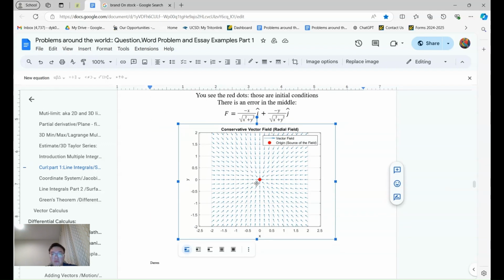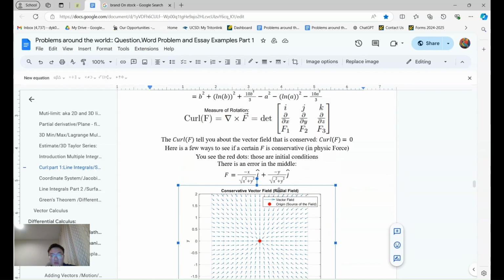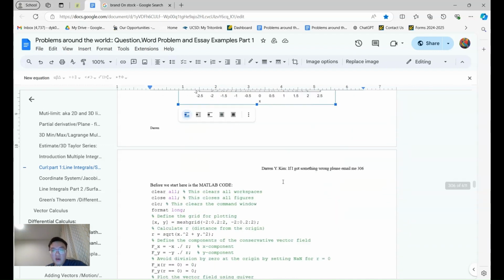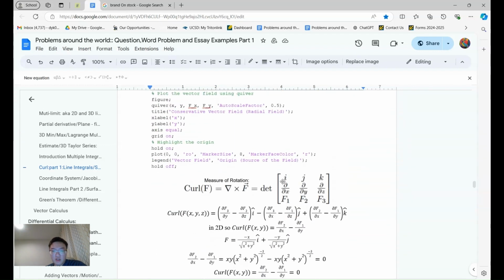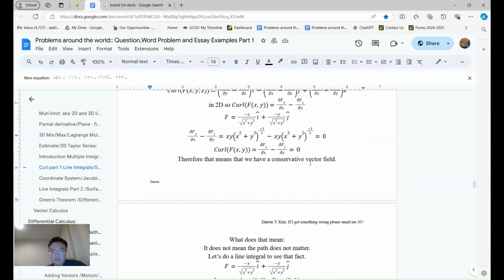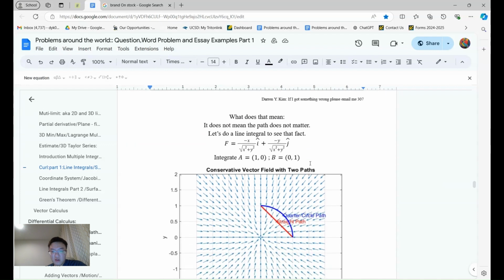I said origin source of field, but it's actually a sink of field. It wouldn't matter for you because this is 20E, but in fluid dynamics this would be a sink. I guess it could be a source either way. I don't want to change all the code right now because I just realized that mistake. I'll probably fix it eventually, but I'm probably too lazy.